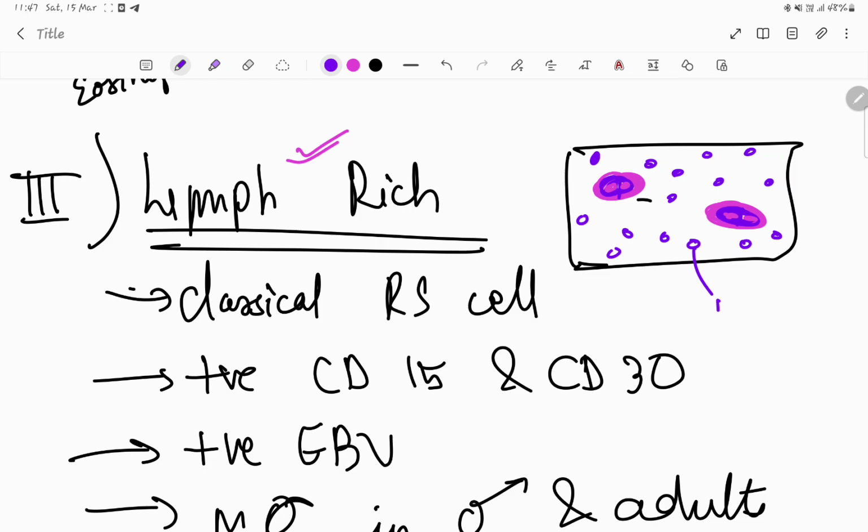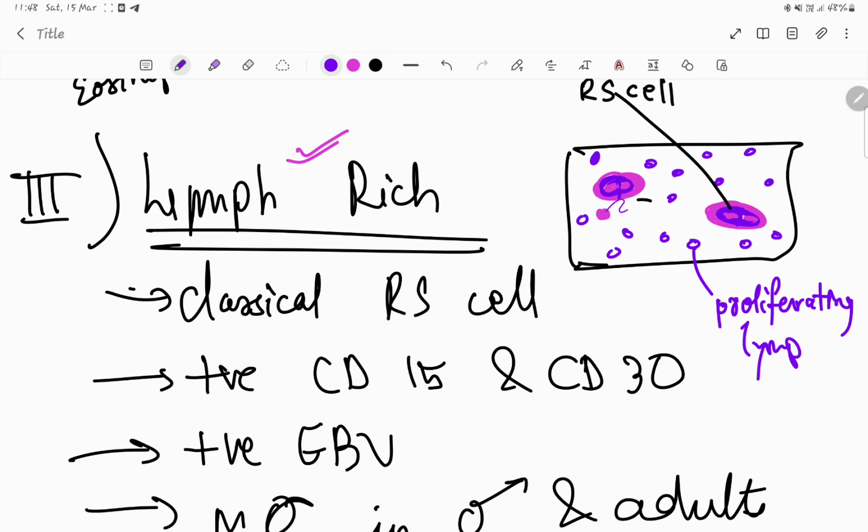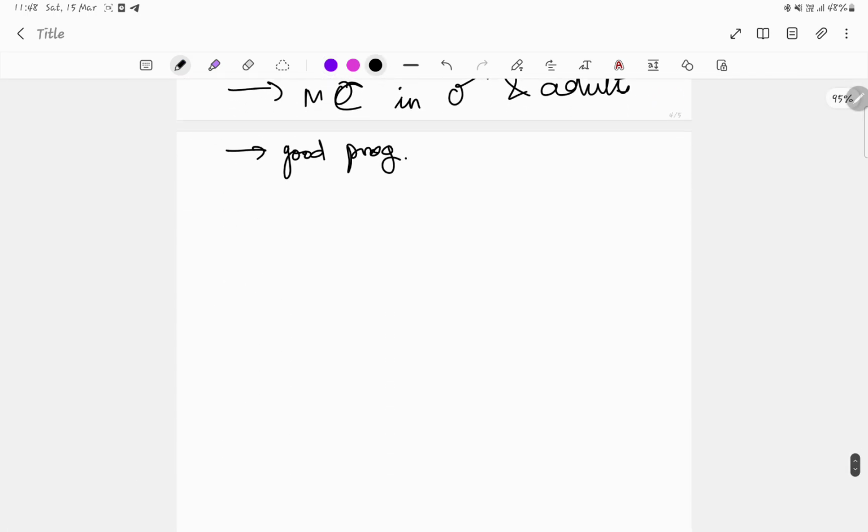All of these are proliferating lymphocytes. These are obviously the RS cells. So that is all we see. We also see sometimes some histiocytes.